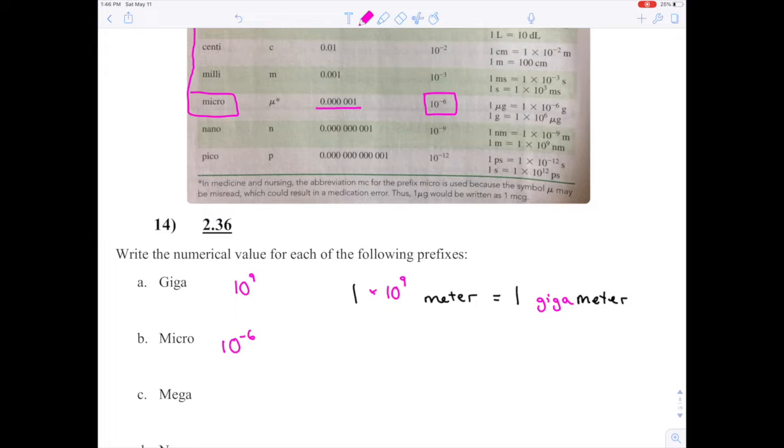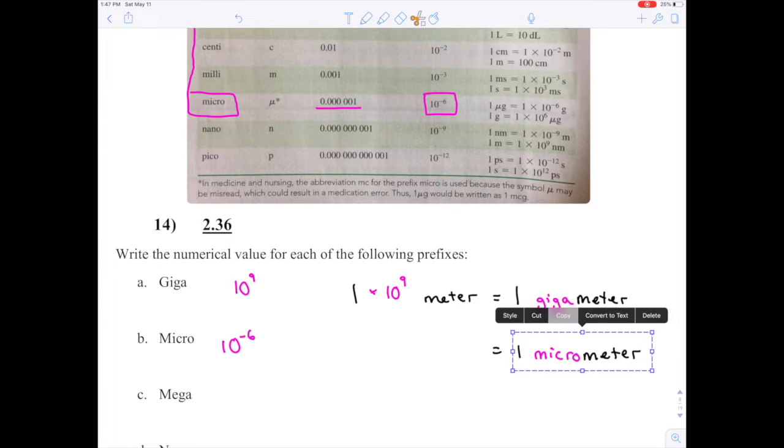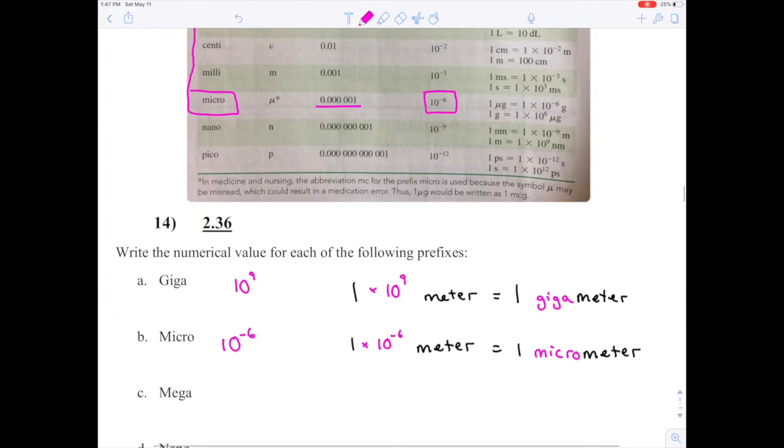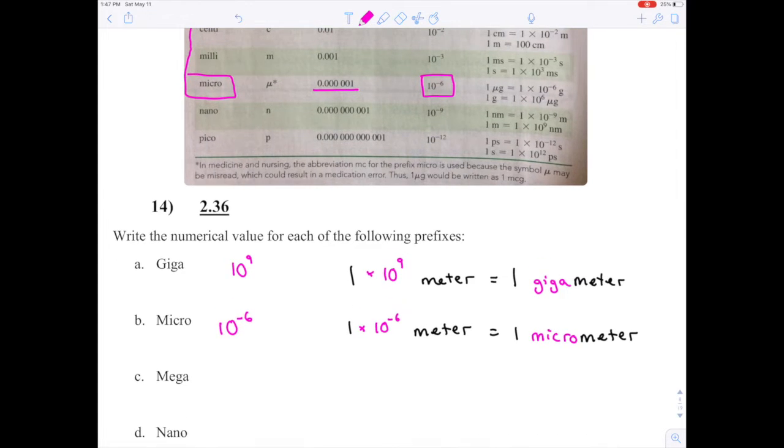But what that means is that if you had 1 micrometer, you could take that, and that micro prefix is really just standing in for 10 to the negative 6th. So 1 micrometer is 1 times 10 to the negative 6th meters. That's a millionth of a meter.